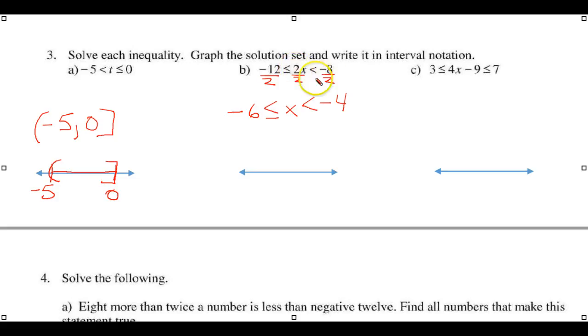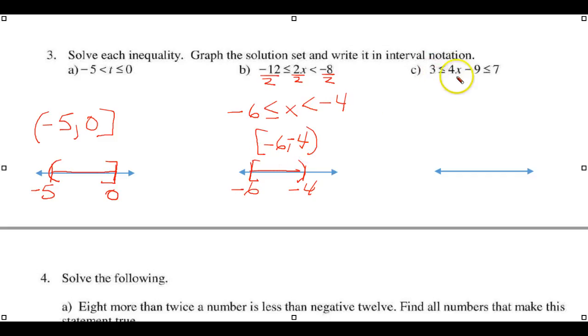And we use the same techniques, but to each part of it. So this is a negative 6. This is a negative 4. Here we're going to use a bracket. Here we're going to use a parenthesis. In interval notation, right from the graph: bracket, negative 6, negative 4, parenthesis.